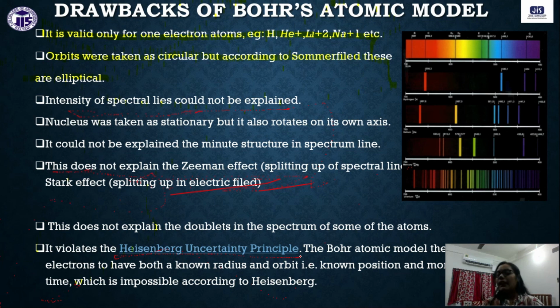According to it, for a moving particle we cannot determine the position and the momentum at the same time, which cannot be explained by Bohr's atomic model, because from the Bohr model we have both the radius and the energy of electrons. That is not correct according to the Heisenberg uncertainty principle.